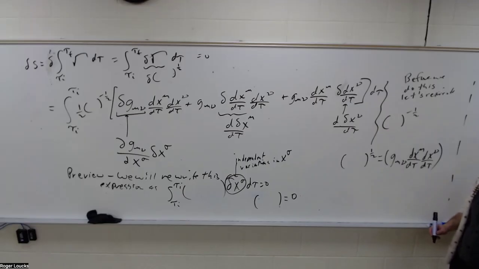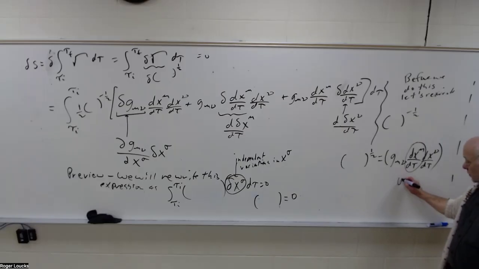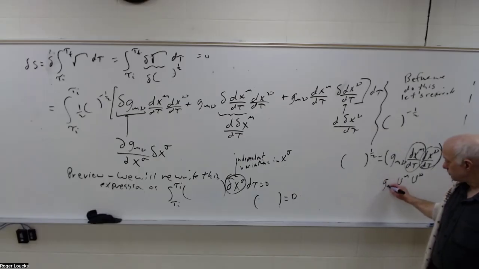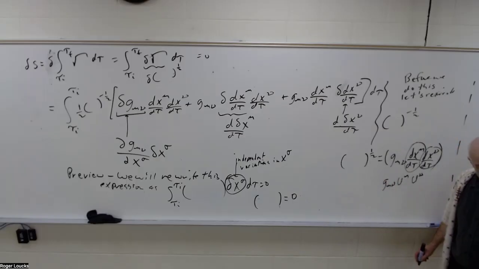Well, what is this? That's the definition of u mu, our forward velocity. And this is the definition of u nu. And here's G mu nu. So that's the same thing as u mu u nu g mu nu.